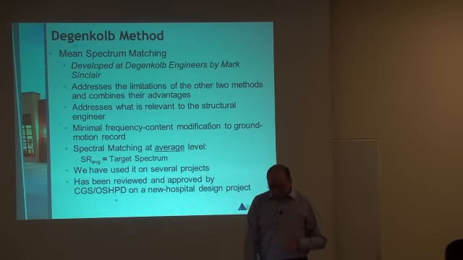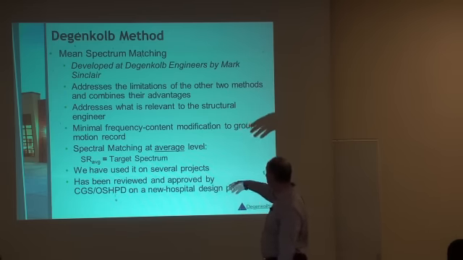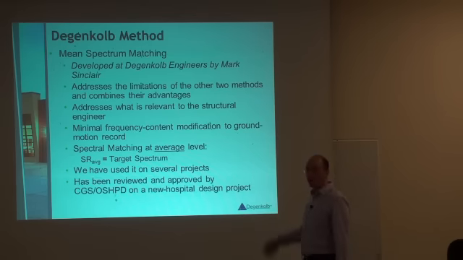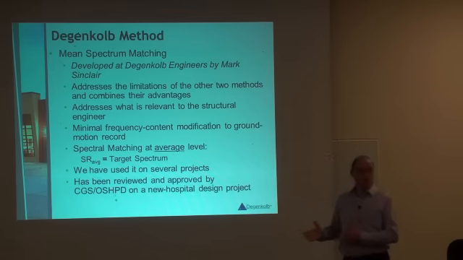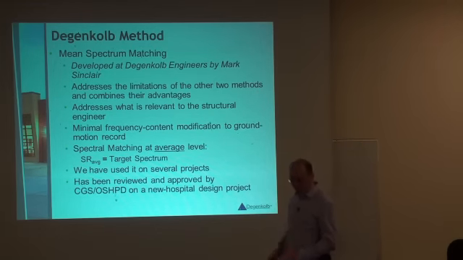So it's been developed again at Degenkolb, and it addresses shortcomings of the two methods. I'm not going to go over it in detail because that's a presentation in itself. But the important thing is this has been reviewed and approved by OSHPD. And if you know anything about OSHPD, if you can get something past OSHPD, you can probably get it past any other agency.